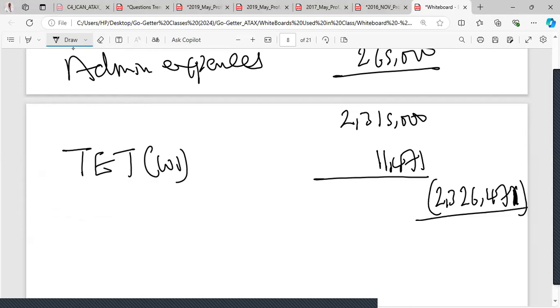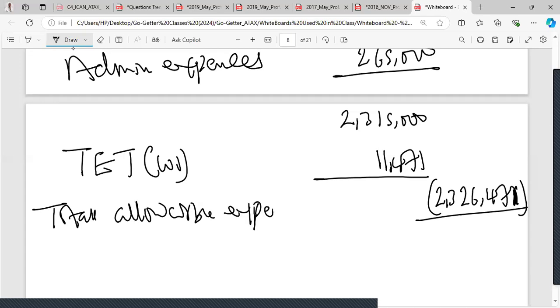So this is your total allowable expenses, which is this.